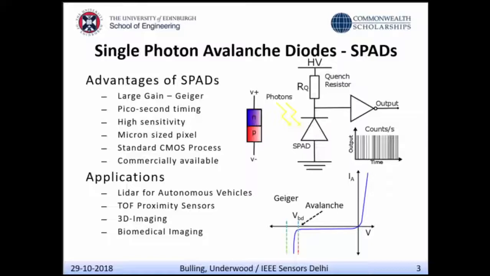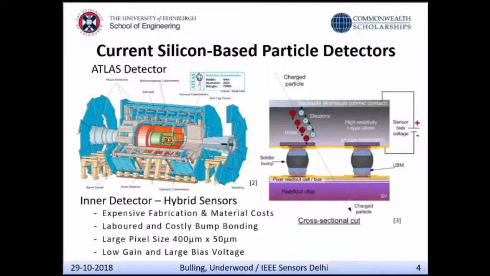And so we look first at what is currently out there, in this case current silicon-based particle detectors. The example pictured is the ATLAS detector at the Large Hadron Collider experiment at CERN in Geneva. It is a huge 7,000 ton, 22 by 44 meter detector, but right at the heart of it, the inner detector is a silicon hybrid sensor.